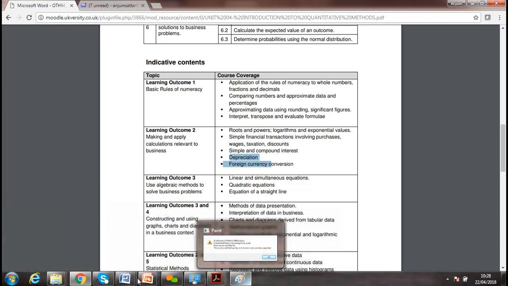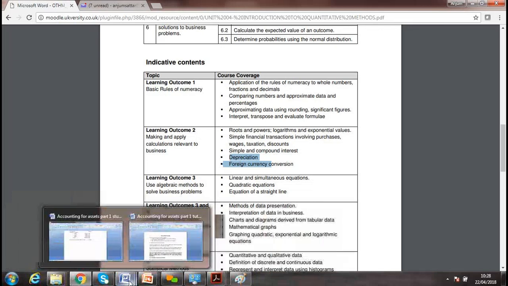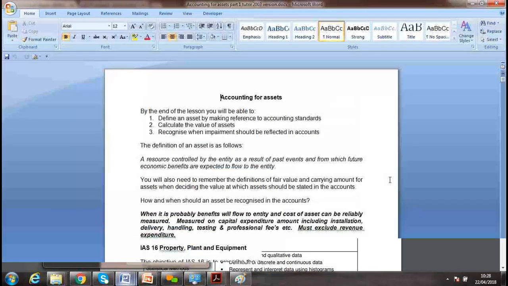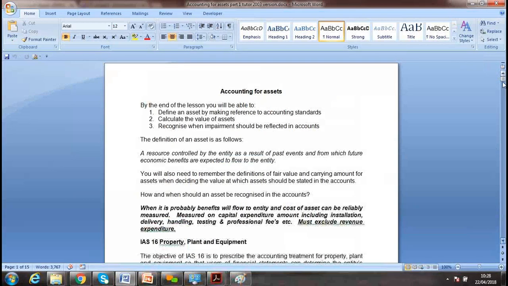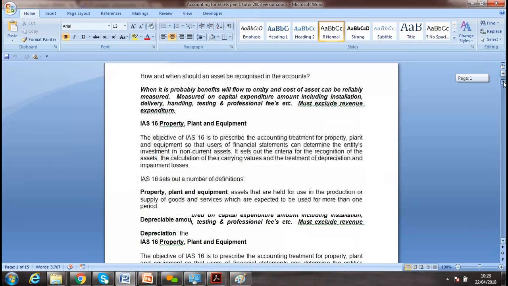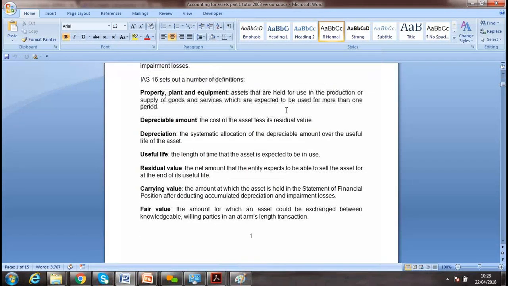So decreasing the value of the asset is called depreciation. We'll discuss depreciation, the systematic allocation of the depreciable amount over the useful life of the asset.